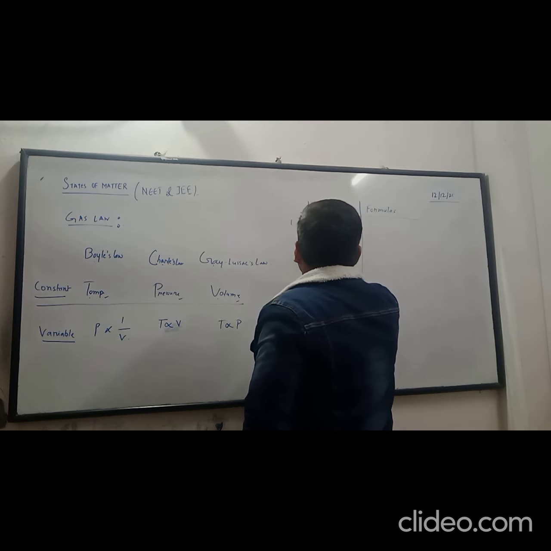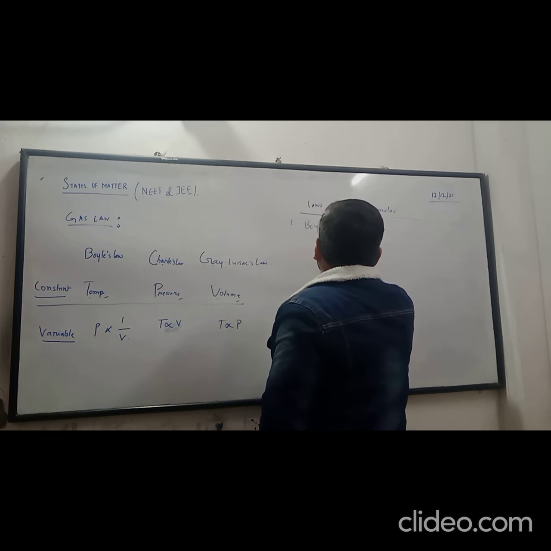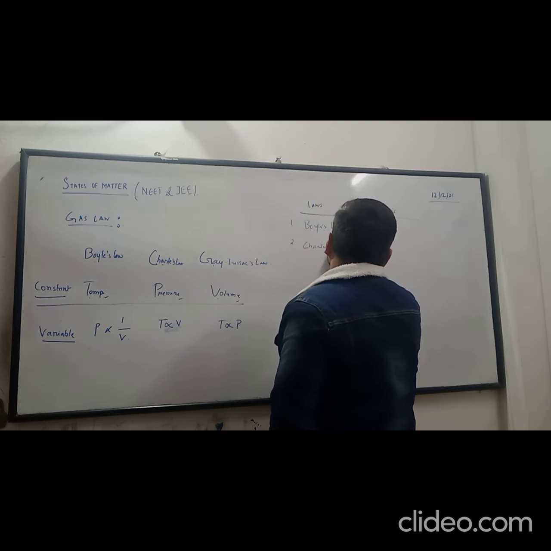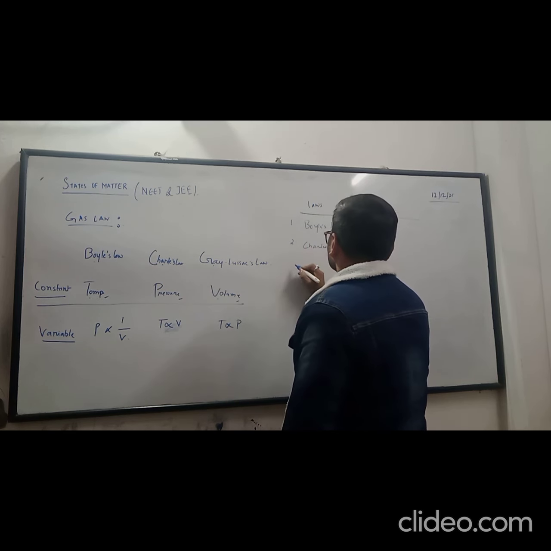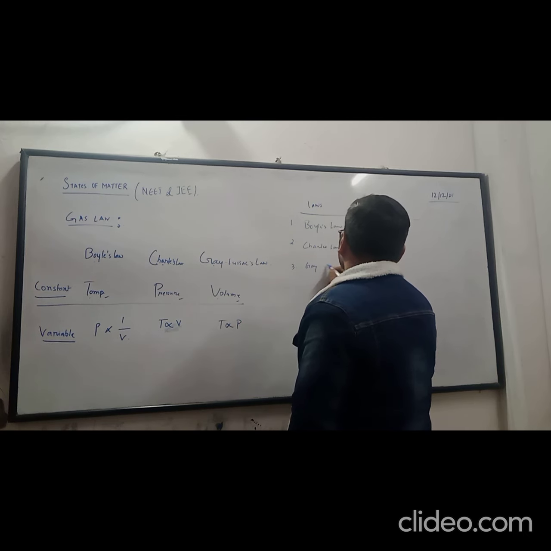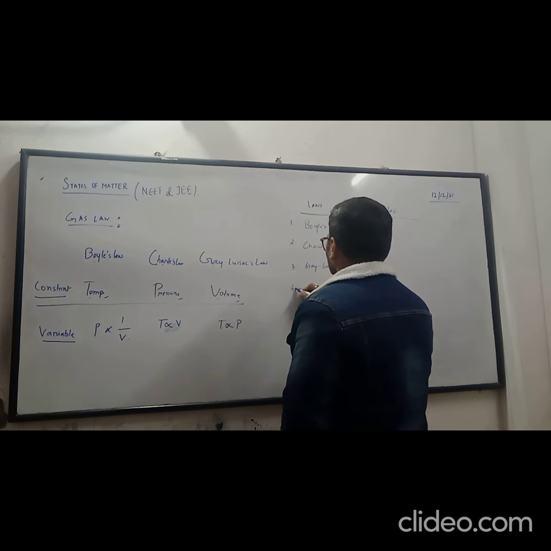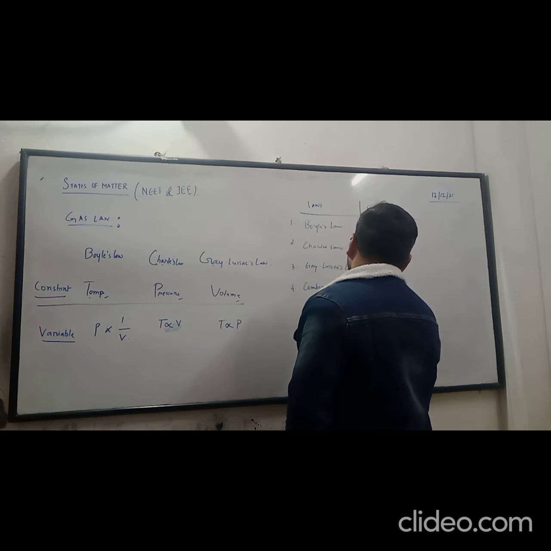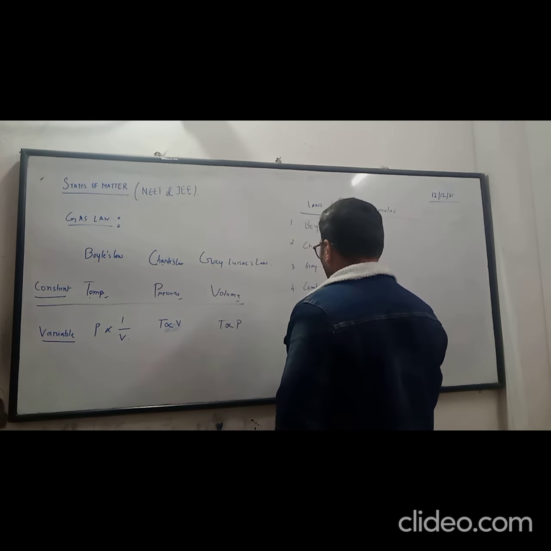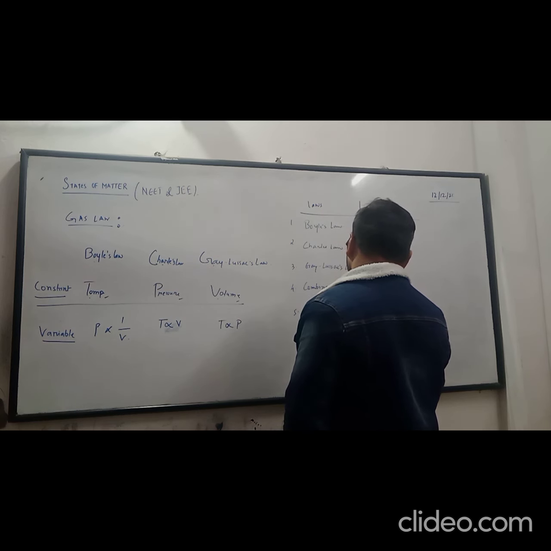Starting from Boyle's law, then Charles' law, number 3 Gay-Lussac's law, number 4 combined law, and number 5, which is the main thing in this chapter, the ideal gas equation.